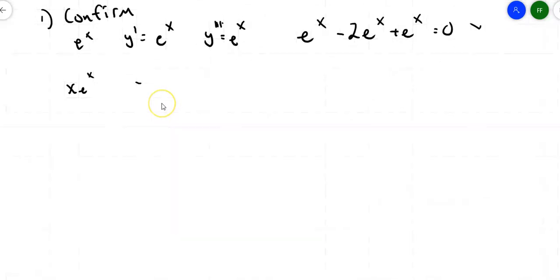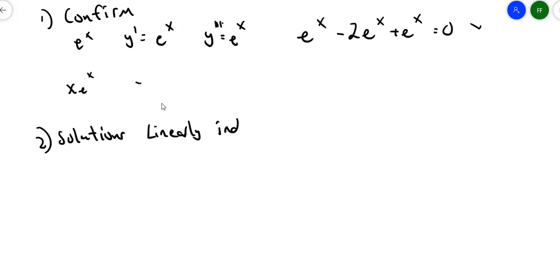All right, now let's see if those solutions are dependent or independent. So are the solutions that I came up with linearly independent? Set up my Wronskian. So my two solutions were e to the x and x e to the x. Take my first derivative. My first derivative of e to the x is e to the x.